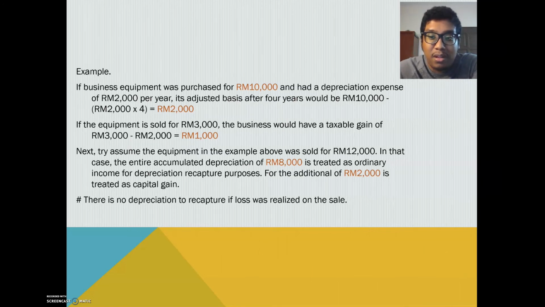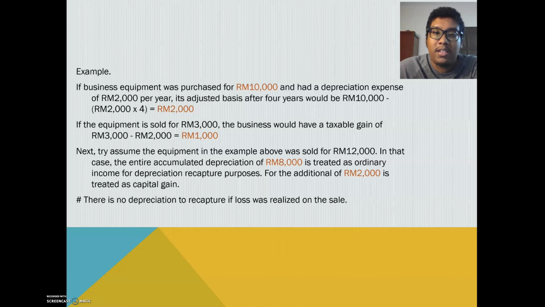For those who don't understand it, I have an example here. If business equipment was purchased for 10,000 ringgit, this 10,000 ringgit is the purchase price and is also called the beginning tax basis. And it had a depreciation expense of 2,000 ringgit per year. So this is depreciation.